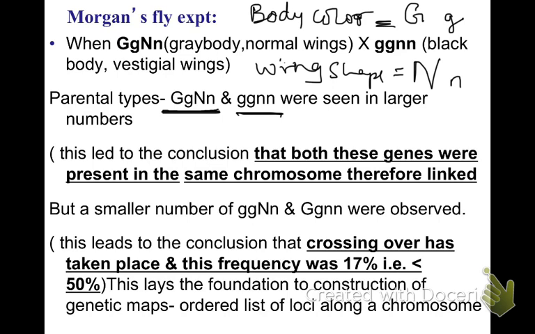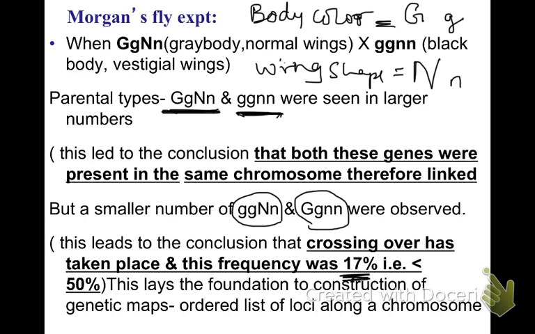Alright, so let's see how he ends up getting the different patterns. This leads to the conclusion that the genes were present in the same chromosome and that they were linked. When he crossed these together, he got these two as the large number of offspring. But he also got certain anomalies, certain recombinants which did not fit what the parents looked like, and the frequency in which they occurred was about 17%.